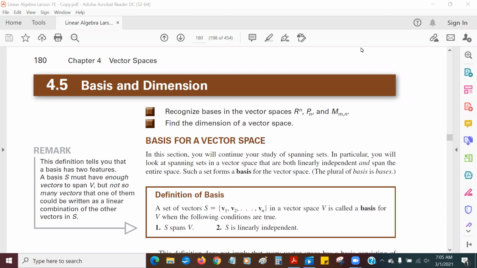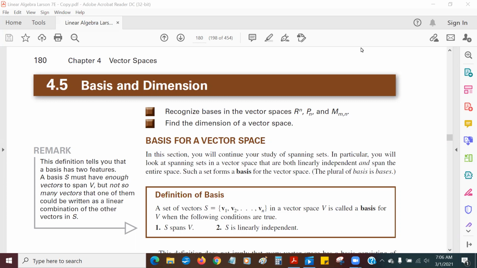Well, what if you have the best of both worlds? What if you have a set which spans the entire vector space and it is independent? If that happens, then you have something called a basis. And that's what we're looking at right now.